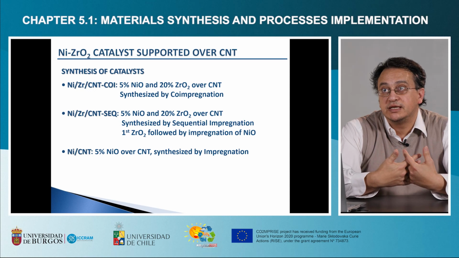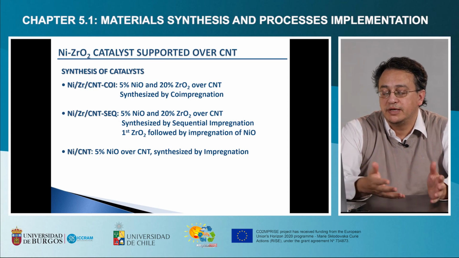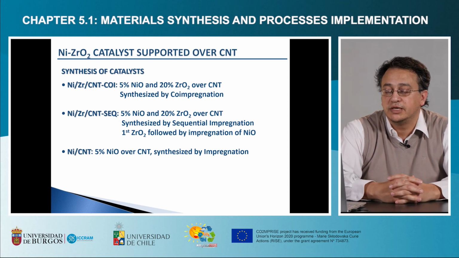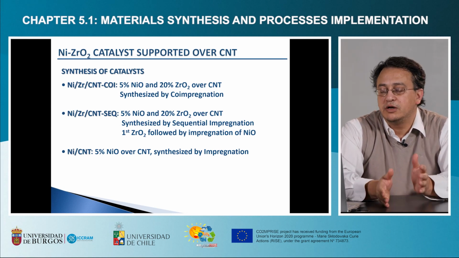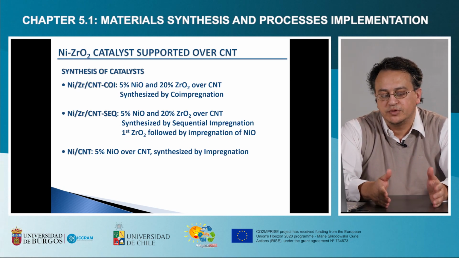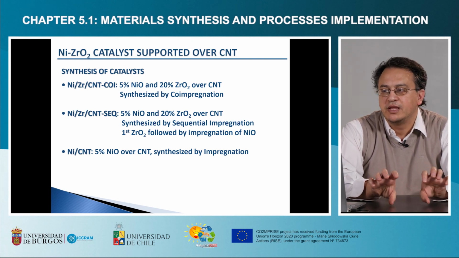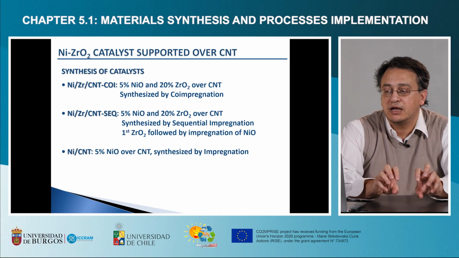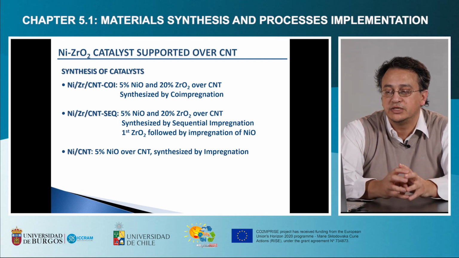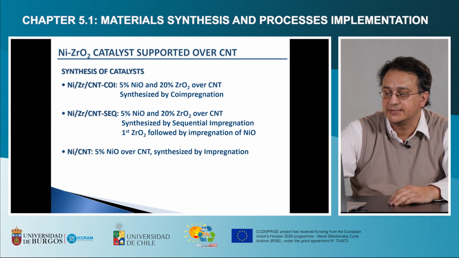Okay, the first one deals with some nickel-based systems complemented with zirconium oxide that we put in carbon nanotubes in order to have the possibility to really identify where the activity comes from, what the active sites are, and how the CO2 molecule really absorbs on the surfaces.